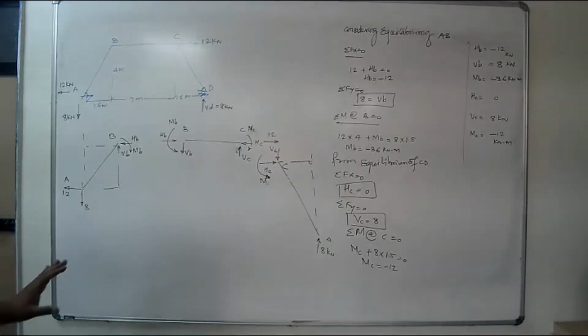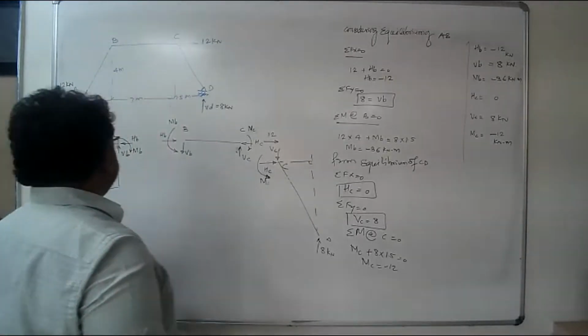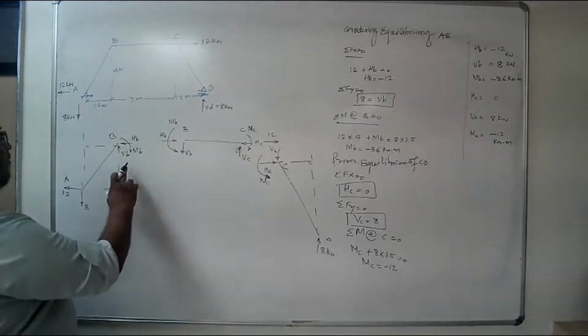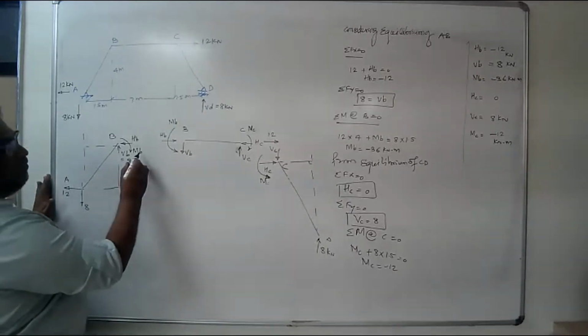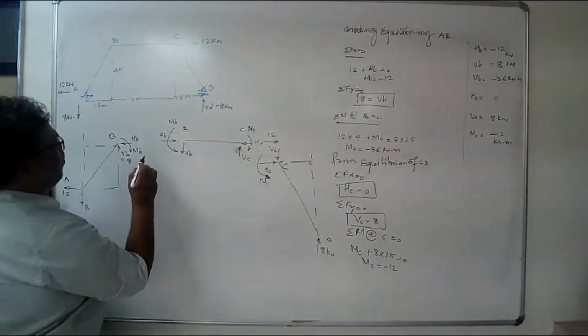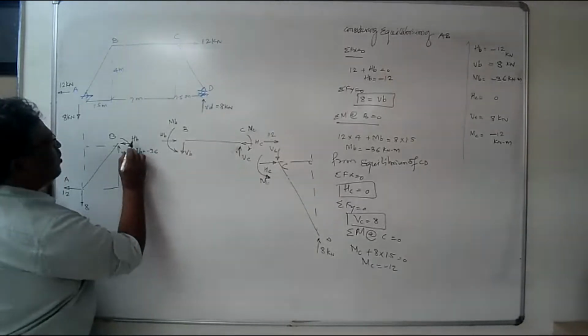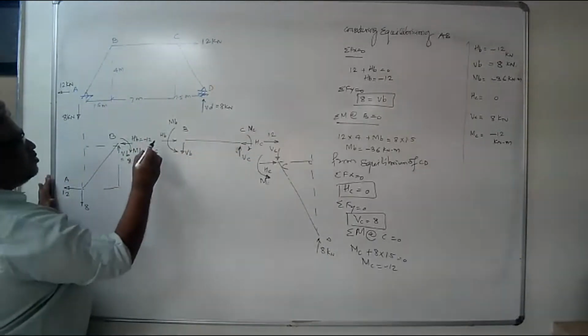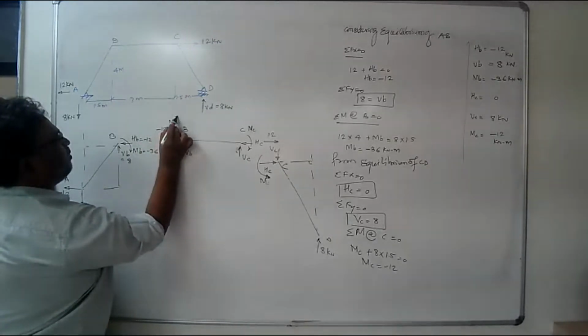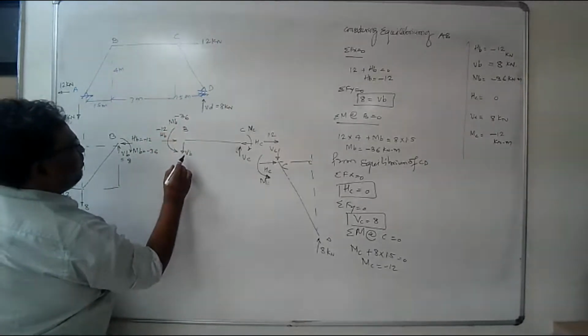अभी क्या होगा, now we are knowing all these answers. VB का वैल्यू कितना है? I will write here VB is equal to 8. What is value of MB? MB is equal to minus 36. What is HB? HB is equal to minus 12. So HB is equal to minus 12, MB is equal to minus 36, and VB is equal to 8.